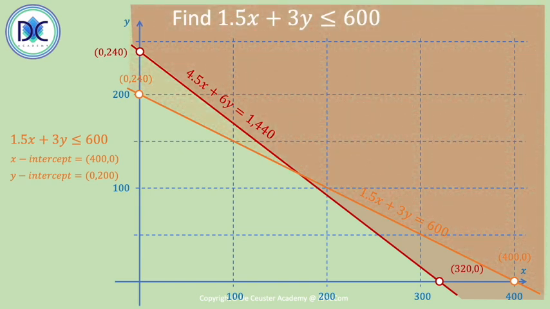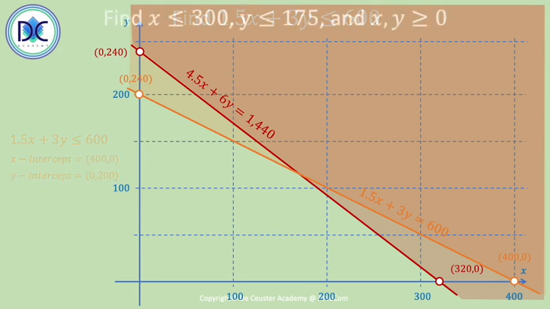And the last thing we have to do is to draw the conditions, the limitations, x smaller or equal than 300, y smaller or equal than 175, and of course the non-negativity conditions. So let's first have a look at x smaller or equal to 300.